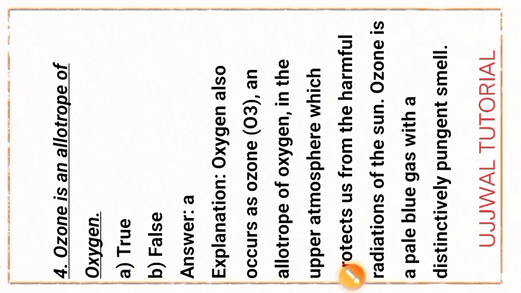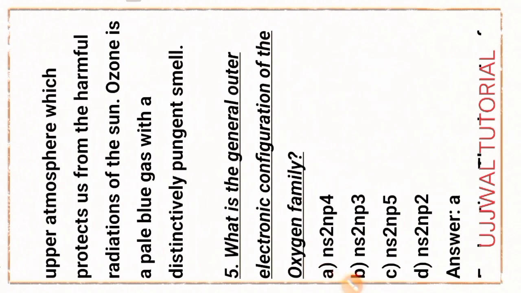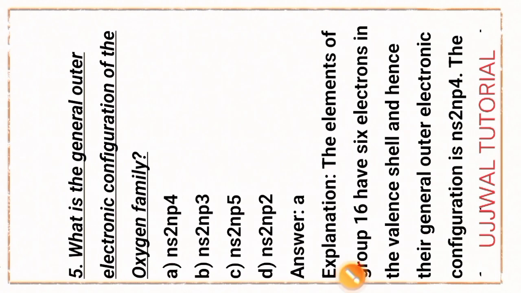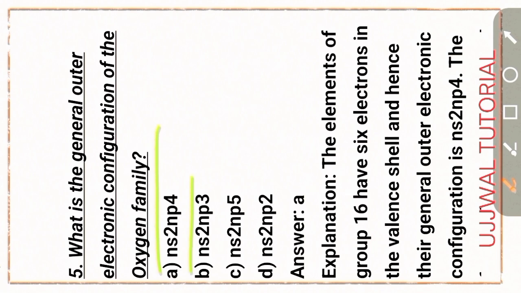Next question, question number 5. What is the general outer electronic configuration of the oxygen family? That is option A, ns2np4, that is, the outermost shell has 6 electrons.